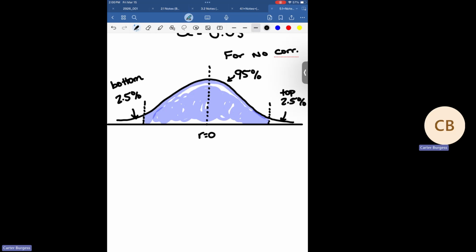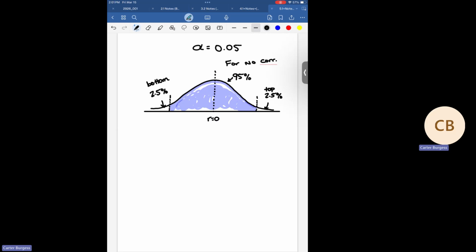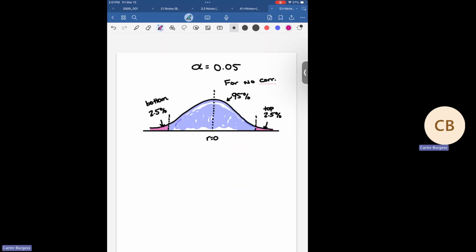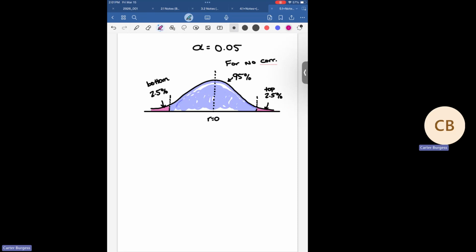It's more likely that if we're getting values from over here, these are coming from something that looks more like this. Again, it's not impossible, just more likely. We're 95% sure that we'd be getting values that live in the middle here rather than on the outside.